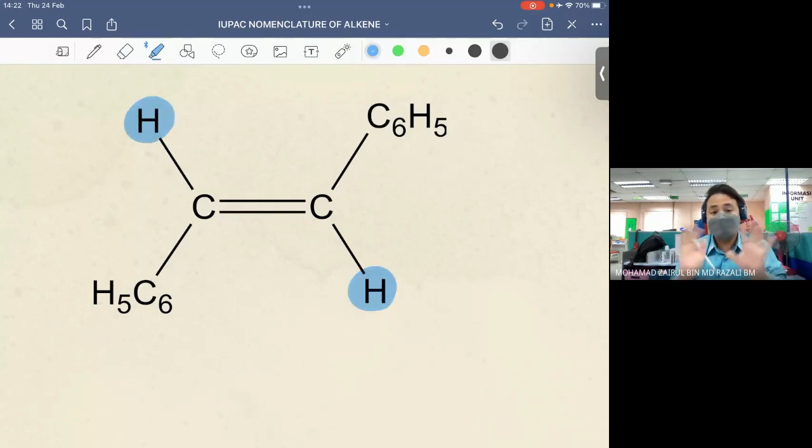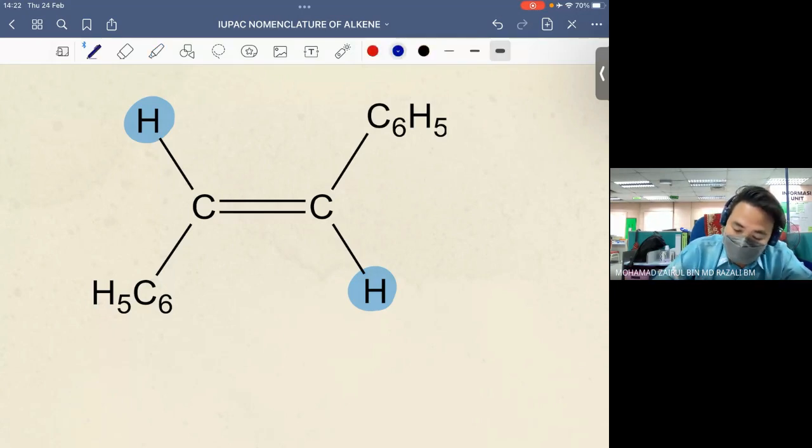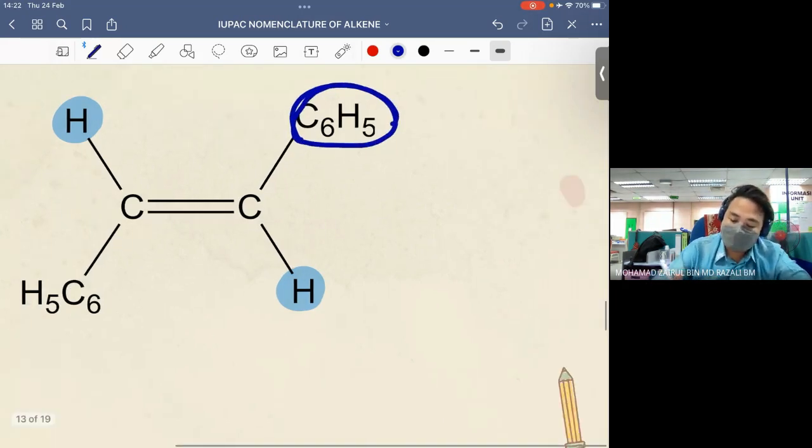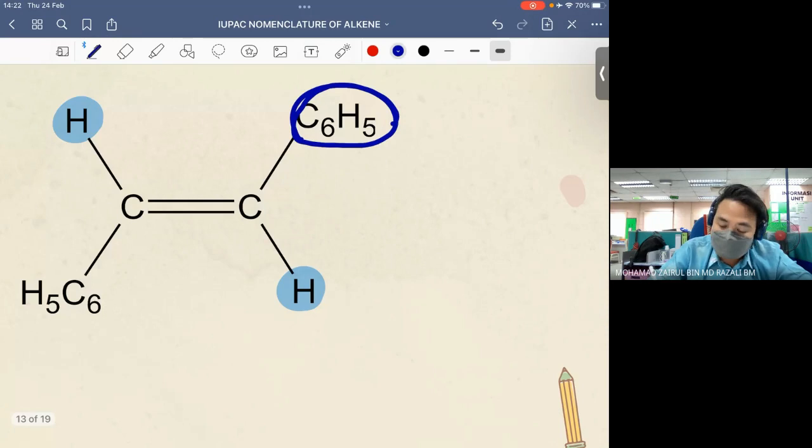Okay, now, so macam biasa kita cari longest continuous chain. So, kalau awak nampak the C6H5 ini, okay, C6H5 ini sebenarnya adalah benzene ring yang jadi substituent. Dia jadi substituent.